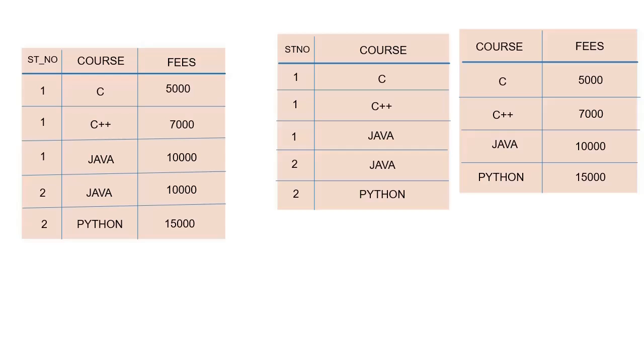Coming to the second table, we have fees of 5,000, 7,000, 10,000 and 15,000, which are completely dependent on the attribute course. So these two tables follow second normal form completely.